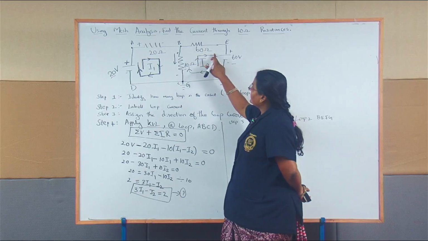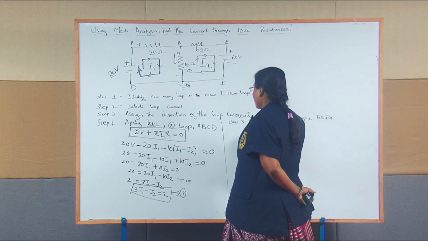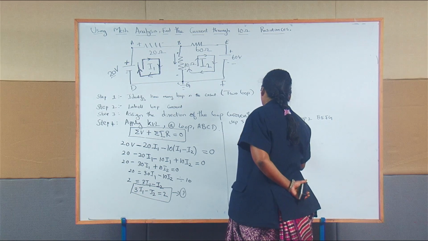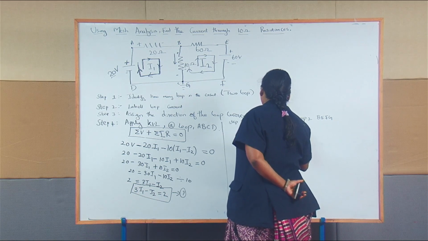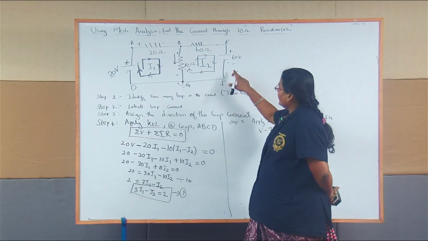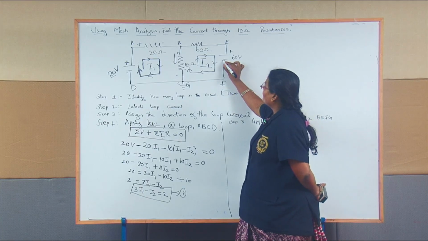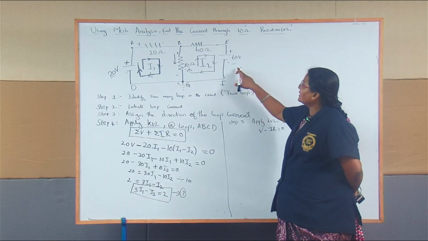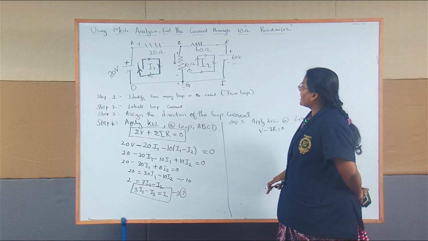So I am going to consider this loop now. Here applied voltage minus the sum of IR equal to 0. You have to check whether there is any source voltage given. Here they mention 60 volts as your source.